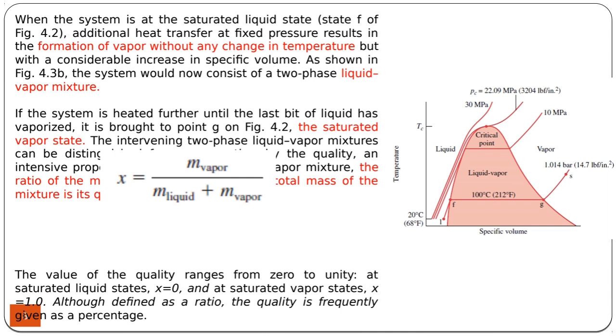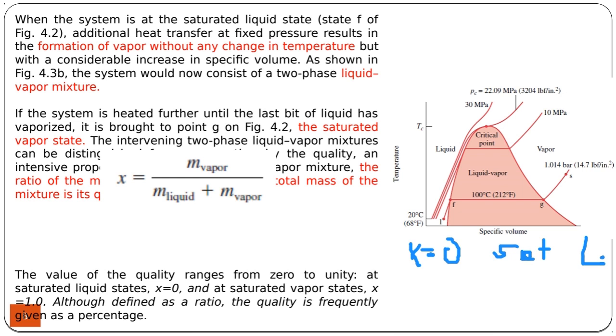So if the quality is 0, it means that it's completely liquid. So it's saturated liquid. If on the other hand, it's converted wholly as vapor, then quality is 1.